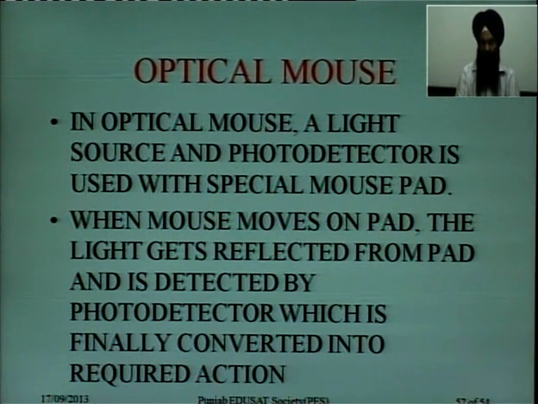In this kind of mouse, instead of a ball and roller, there is a light source and photo detector, and a special mouse pad is used. By movement of the optical mouse on the pad, the light gets reflected from the pad, is detected by the light detector, and is finally converted into the required action.